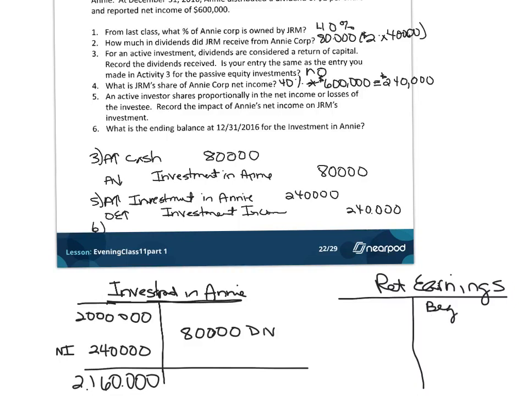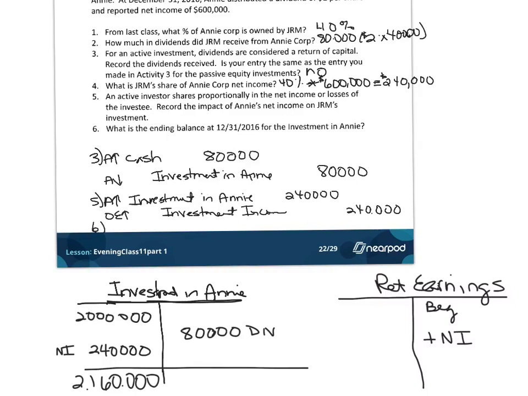If at the beginning of the semester I asked you, here's your retained earnings T account, there's the beginning balance, what makes retained earnings bigger, you would have said, oh, I know, net income makes it bigger. Well, what made our investment in Annie bigger? Net income. If it had been a net loss, it would have made it smaller, right? That would make retained earnings smaller. At the same time, it would also make investment in Annie smaller if it was a loss.